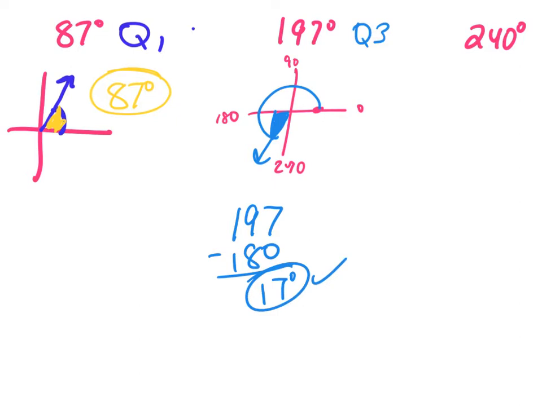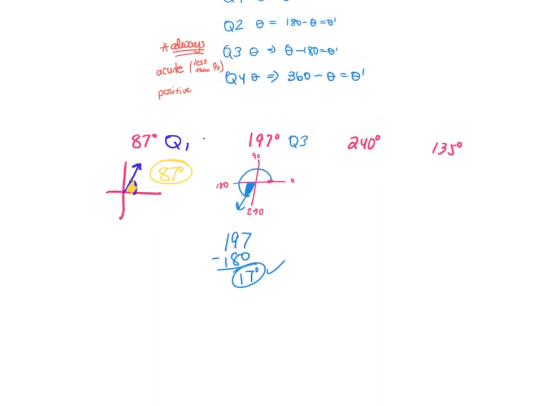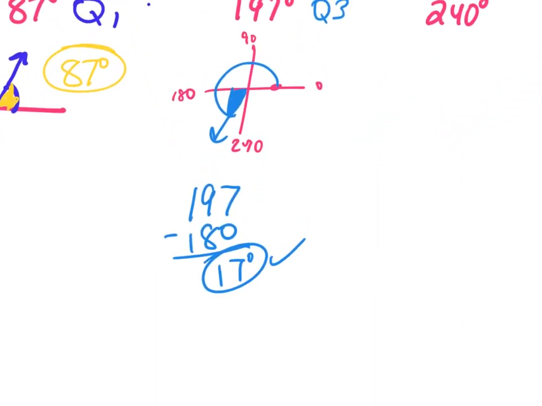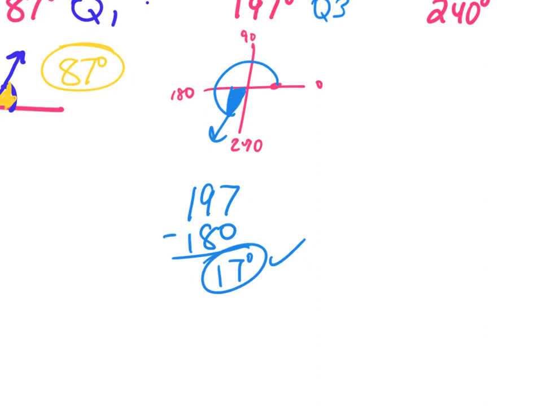So here's a way that you can remember. If you don't know whether it's 180 or 360, look, you only use 180 or 360, you don't use 90 or 270 in the rules. Say you forget whether it was 180 minus the angle or the angle minus 180. If I say 180 minus 197, what kind of answer do I get? Negative 17. Well, what is the rule for reference angles?